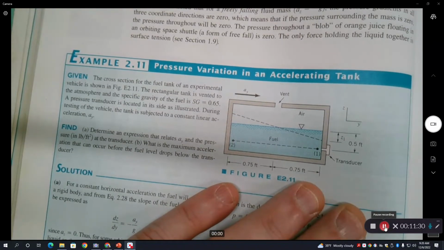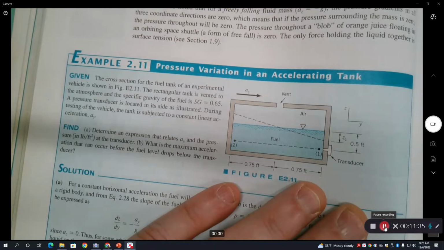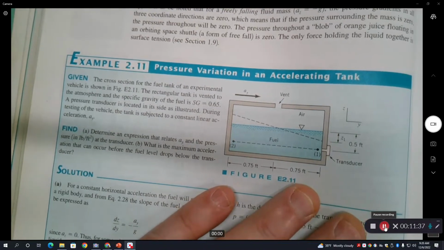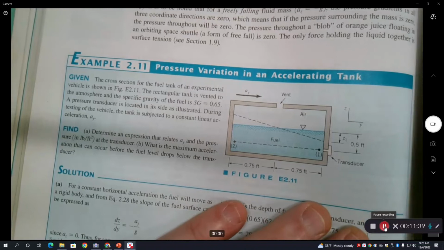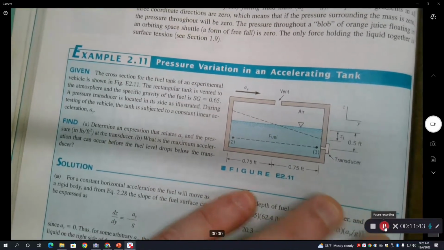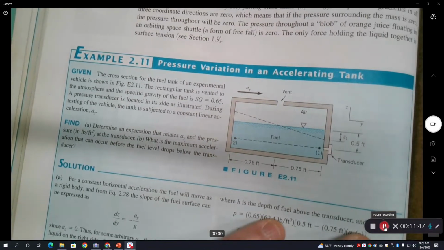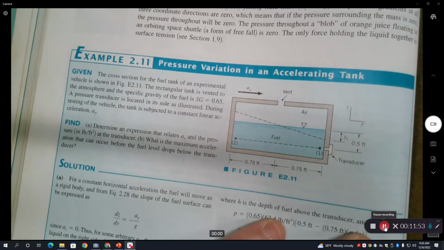So try to move these around. So in this one, for the given cross section here, we've got a little vent going on and some little fluid inside, and the fluid is, let's get a little transducer.